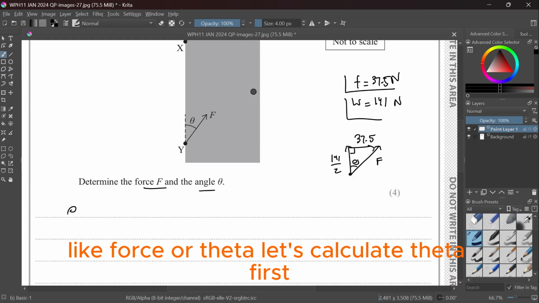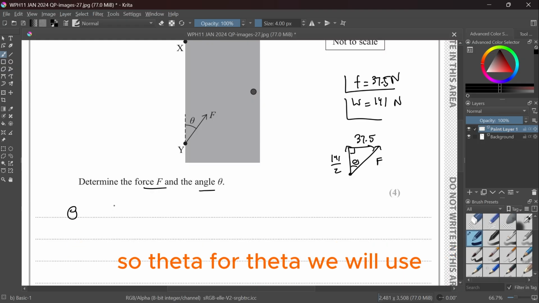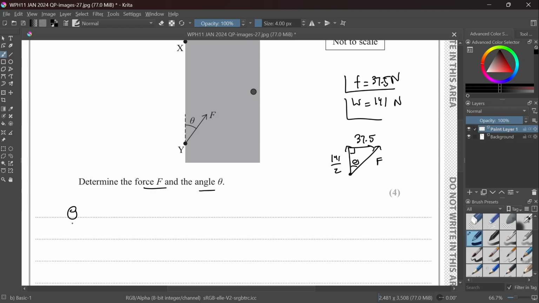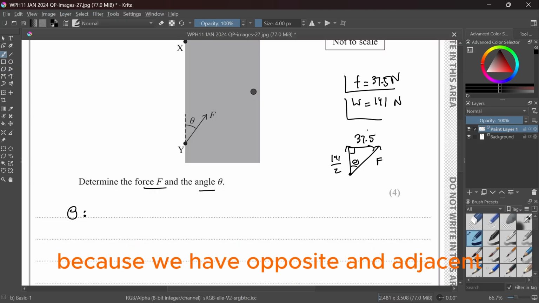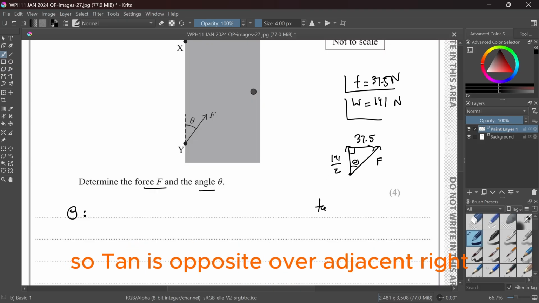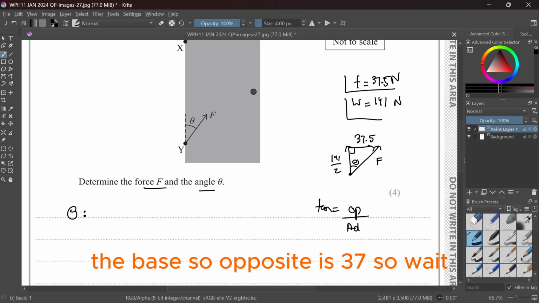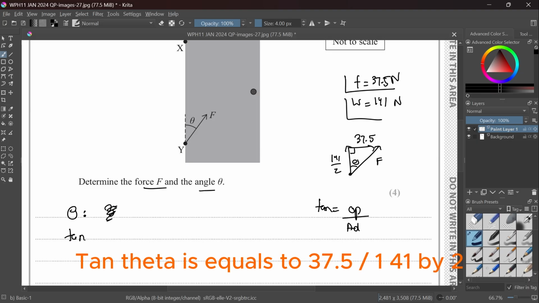Let's calculate theta first. For theta we will use the tan formula. I think the tan formula works because we have opposite and adjacent. So tan is opposite over adjacent, right? The base. So opposite is 37.5. So tan theta is equal to 37.5 divided by 141 by 2.